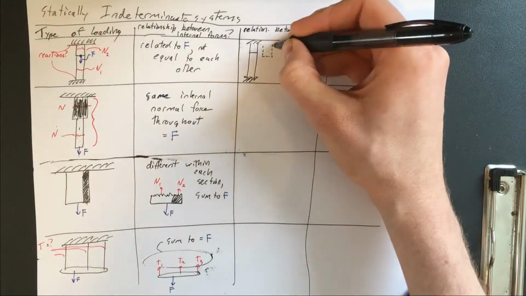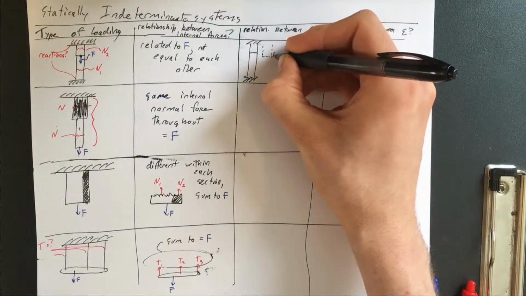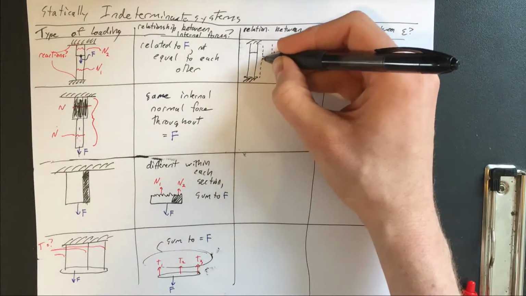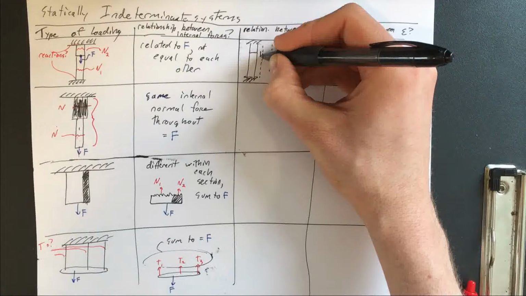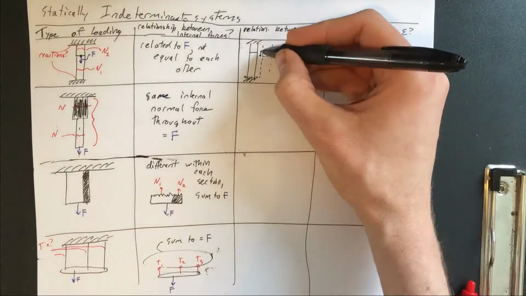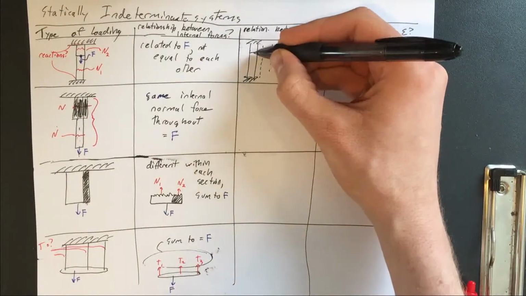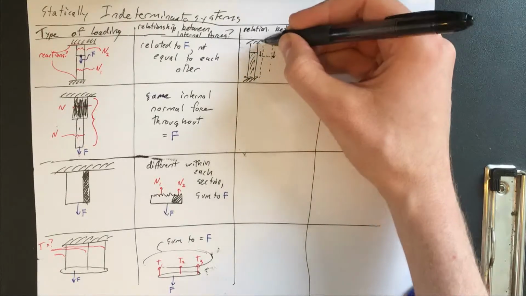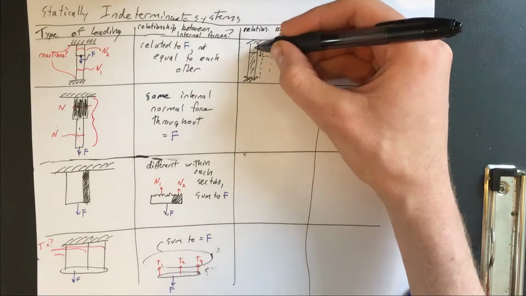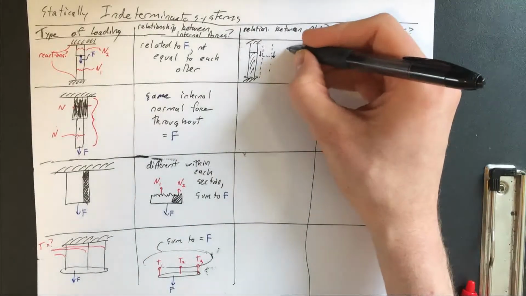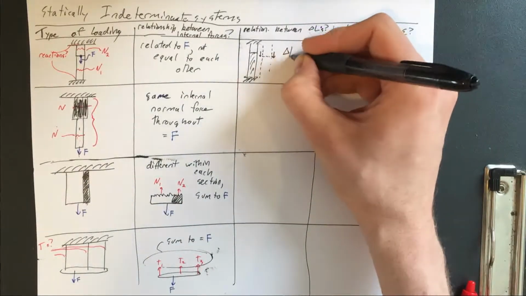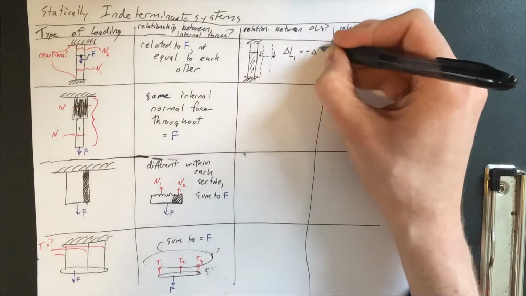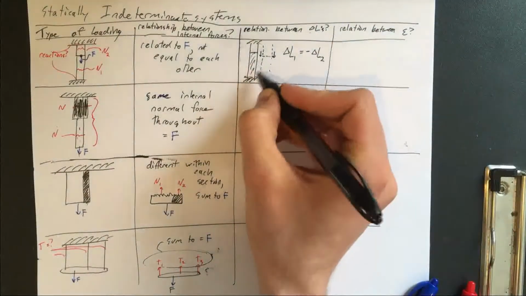There's some increase in length of the top member and some decrease in length of the bottom member, right? So if this line moves down, whatever this lower one is, it needs to change in length equal and opposite to the change in length for this top one. So in this case, the change in length in segment 1 is equal to the negative of the change in length in segment 2.